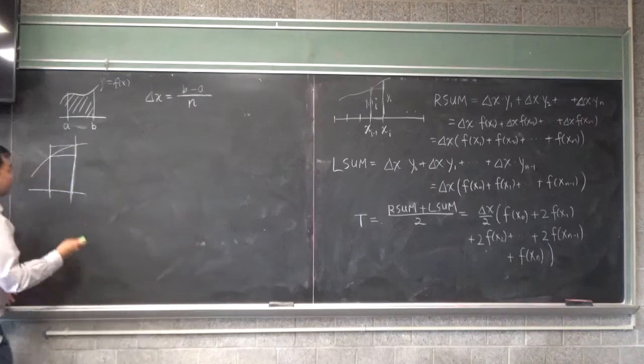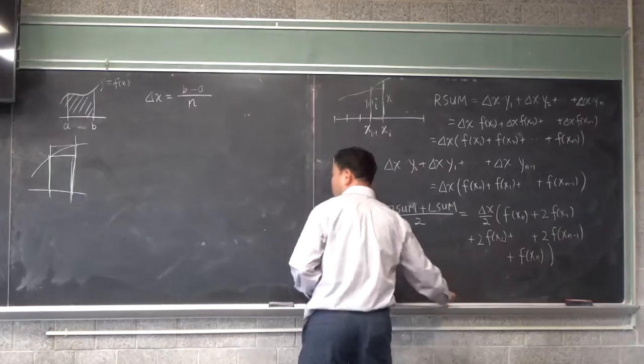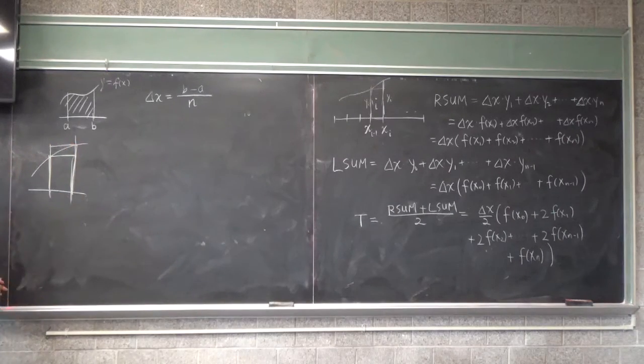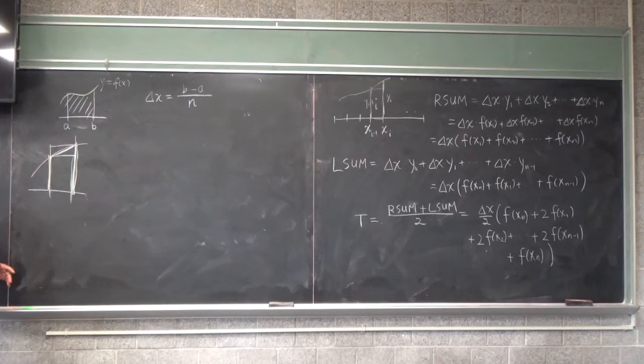So let's say, here's my left sum. And here's the right sum. If you take the average between the red rectangle's area and the green rectangle's area, you can see that it's the same as this one. Right? Because this triangle right here is half of their difference, right?